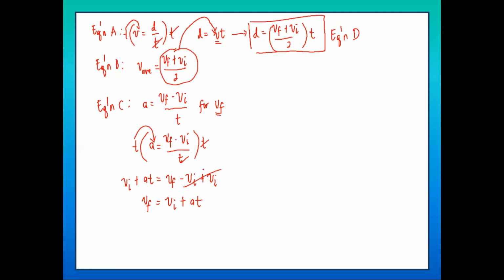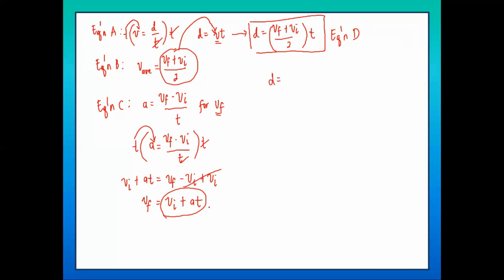So, this equation, nung nakuha nating V sub F, we have to use this for equation D. So, our equation D is this. So, we have to substitute this variables for your V sub F. So, magiging ganito yan.